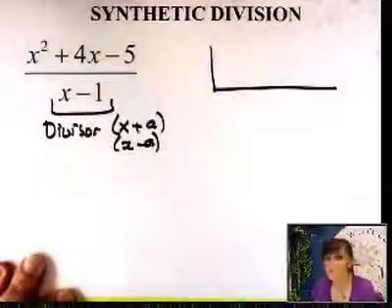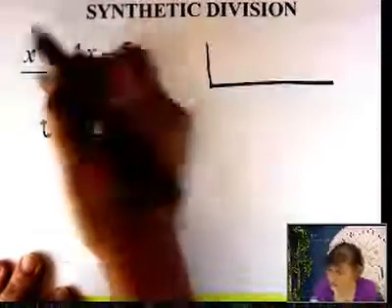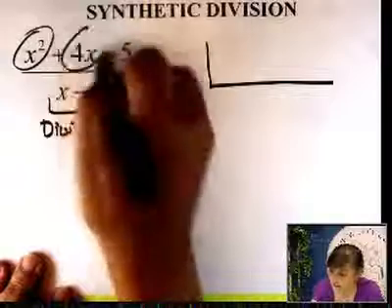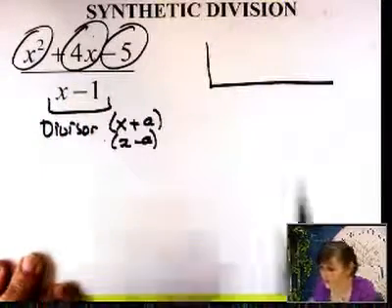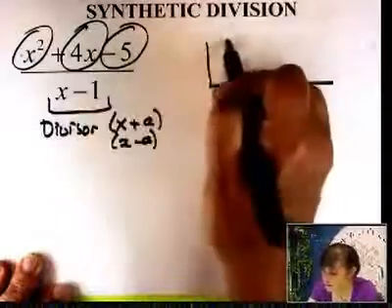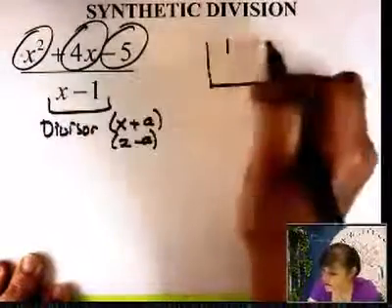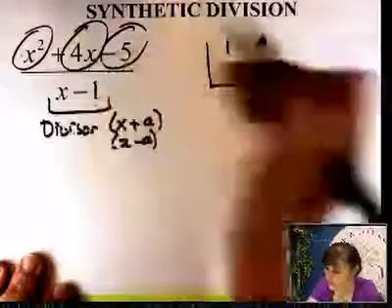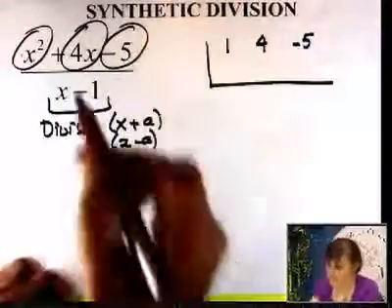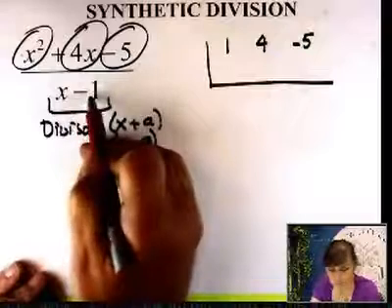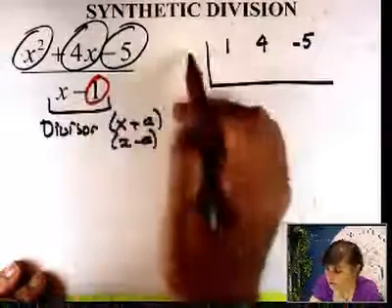This gives you a lot of speed when you go to calculus. You first put the coefficients of what you started with, your dividend: the coefficient of x squared is 1, the coefficient of x is 4, and the constant term is negative 5. Then, when you have x minus 1, you just simply put that 1 in here.